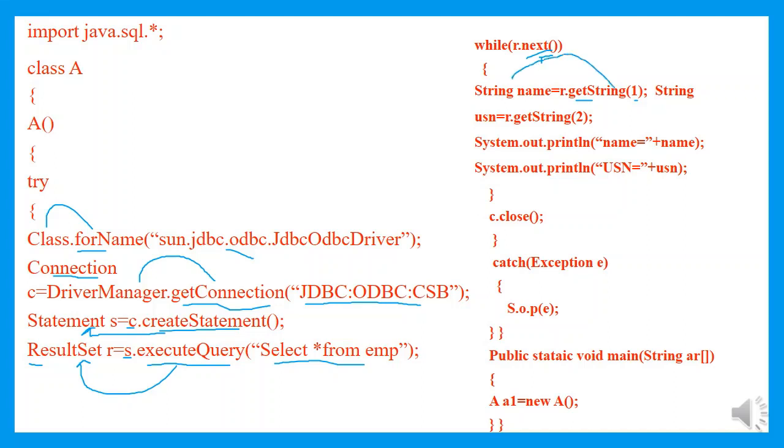Similarly, we will take a second attribute and print the name and USN. This process will be repeated until the return value of the next method becomes false. This is a simple program making use of a Statement object, and to create this statement we have used the createStatement method.